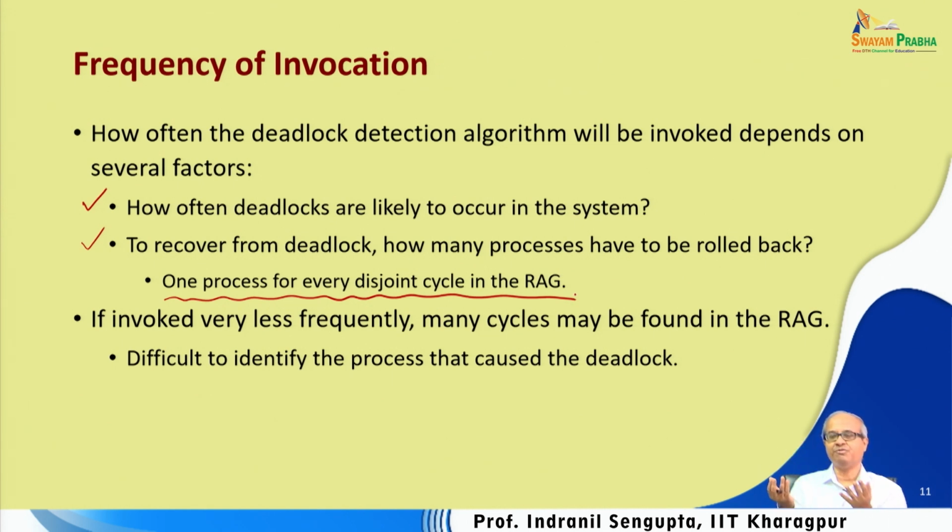So, we may have to kill more than 1 process, and identifying all of them may be difficult if there are multiple cycles in the graph. This is a trade-off in how frequently you invoke the deadlock detection algorithm.